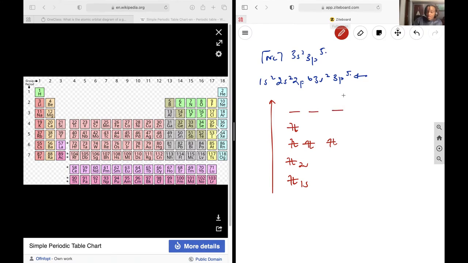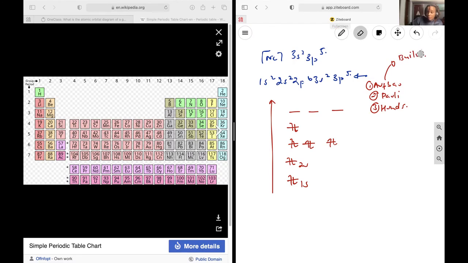Now, here's where you have to be careful and factor in the Aufbau principle, Pauli exclusion principle, and Hund's rule. Just to summarize this quickly, Aufbau states that we build up.